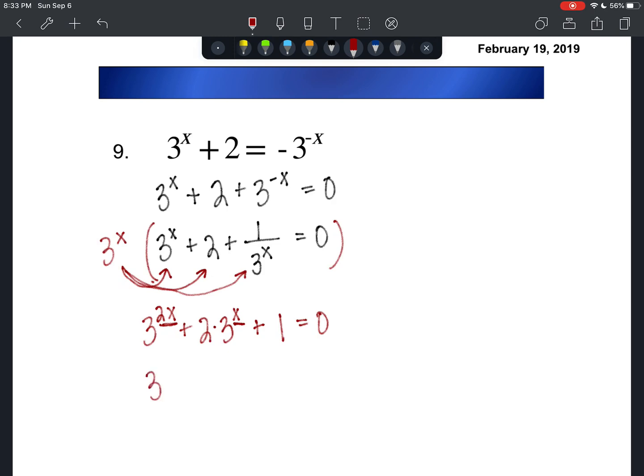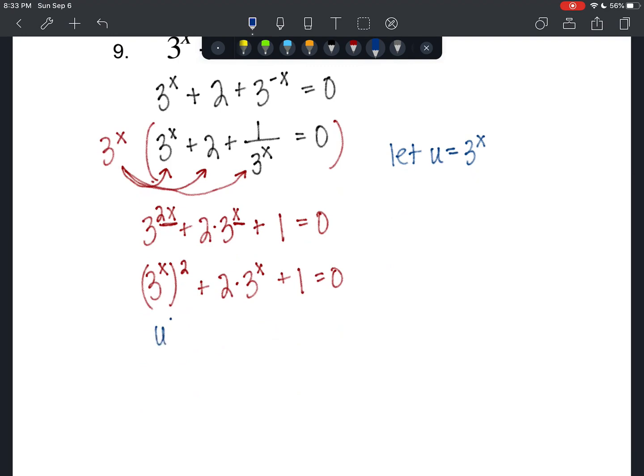So I've got 3 to the x squared plus 2 times 3 to the x plus 1 equals 0. If we let u equal 3 to the x, then I'm going to have u squared plus 2u plus 1 equals 0. That's u plus 1 times u plus 1.